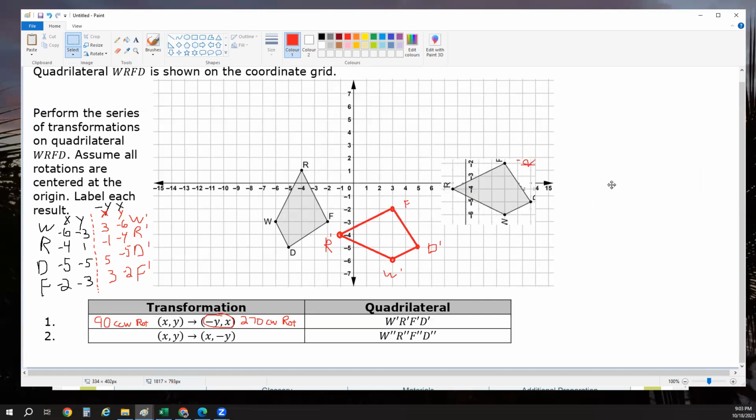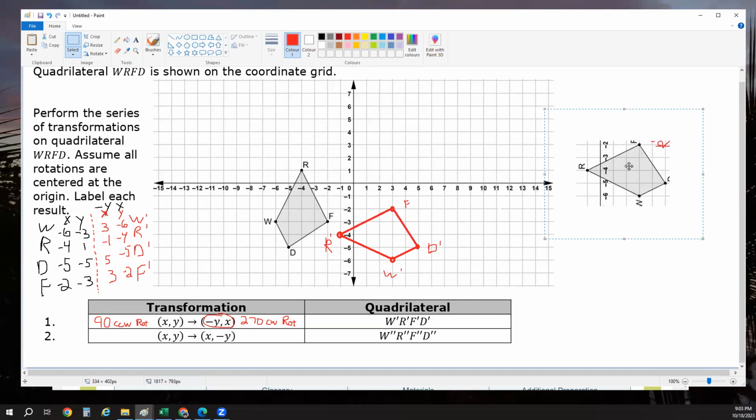If it was in Microsoft Word, I could just actually rotate it, but Microsoft Word doesn't do that. All right, so that is my first rotation, and I said it was counterclockwise, and W went from here to here, and it's counterclockwise. That's a pretty good indicator. That was right.